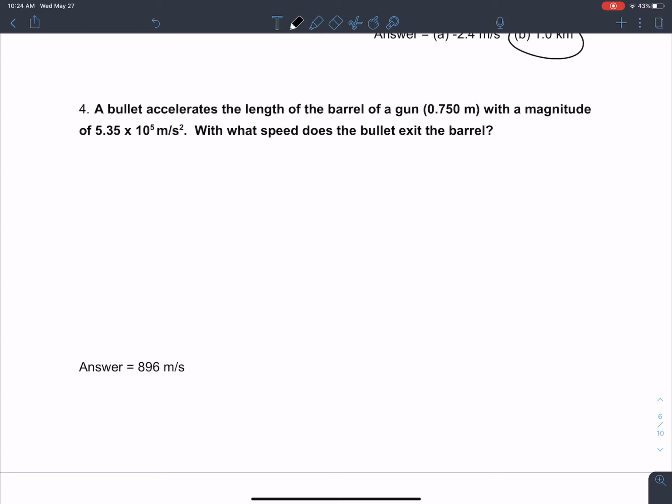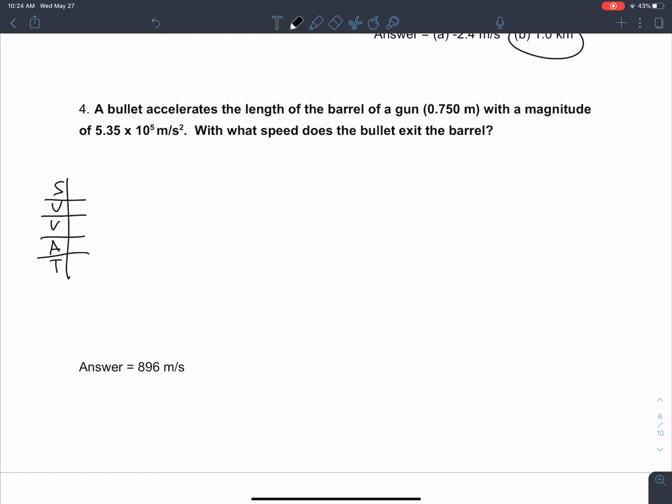A bullet accelerates the length of a barrel, which is 0.75 meters, with a magnitude of that acceleration. With what speed does the bullet exit the barrel? Okay, so without drawing it, I'm just going to go straight to my SUVAT and see what I have.